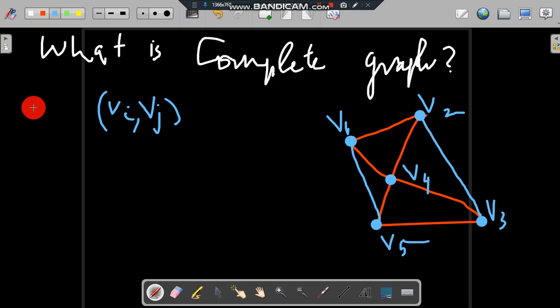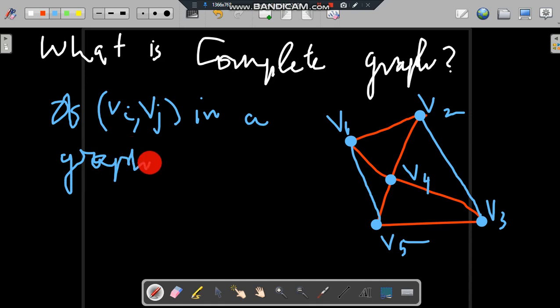Okay, so if each pair of vertices Vi, Vj in a graph are adjacent, meaning there must exist an edge between them, that's called adjacent.